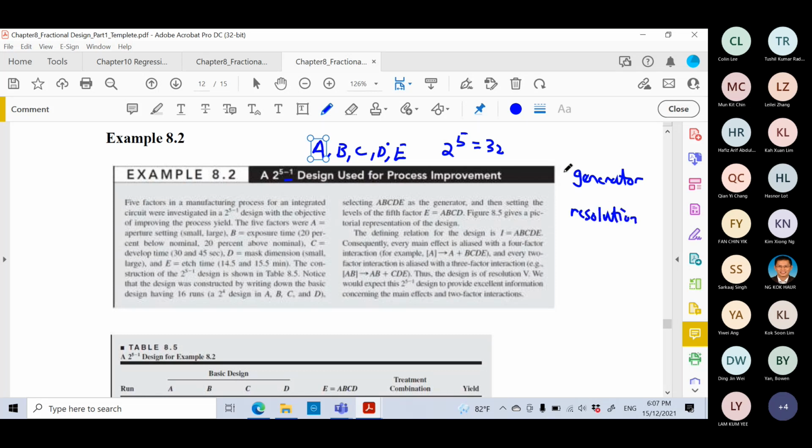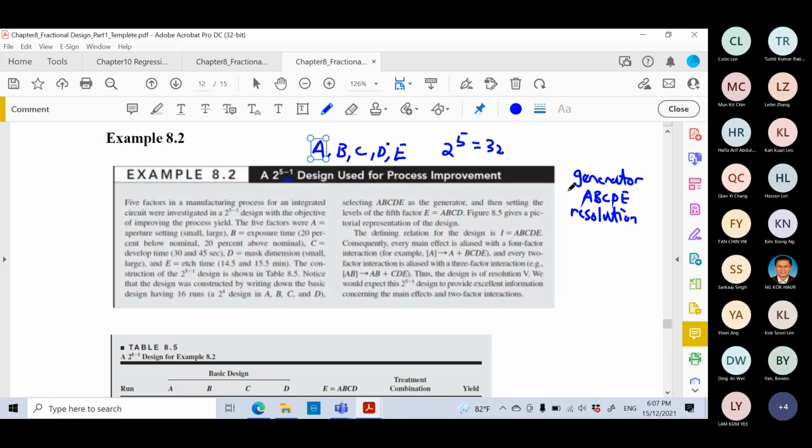So from the 2 power of 5 minus 1 here, in the following example, we consider the generator using as high as possible the interaction combination. So we use the generator A, B, C, D, E, because the generator later on will affect your alias structure. This is just a 1/2 fractional factorial design.